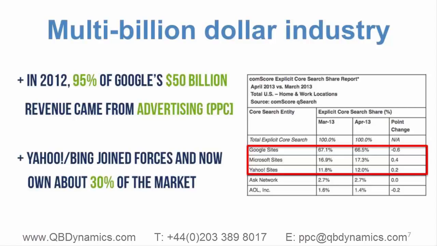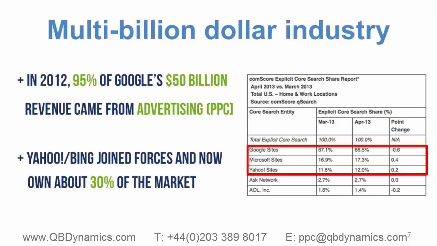This industry has become so big and so lucrative, and it touches so many businesses in so many ways, that you have companies like Comscore that have created a whole new cottage industry just out of studying what's going on in the PPC marketplace, like where money is being spent, how effective it is, and all of that good stuff.